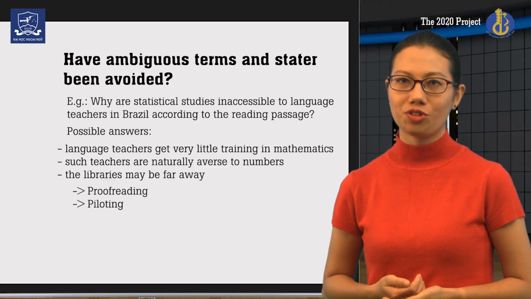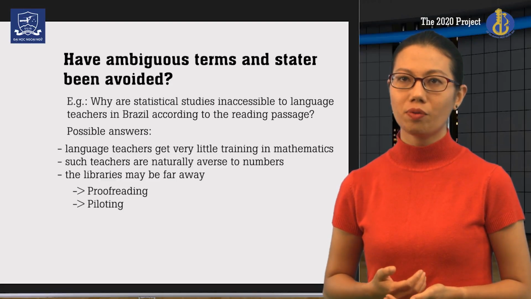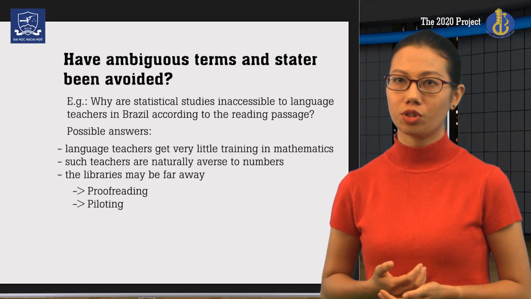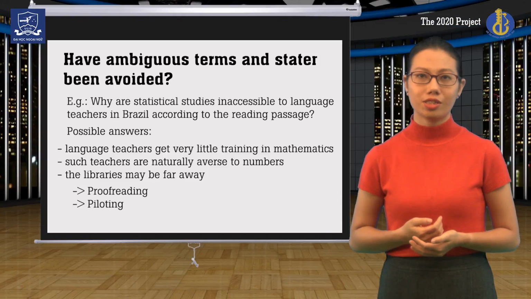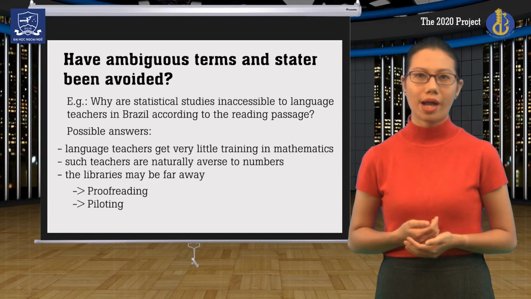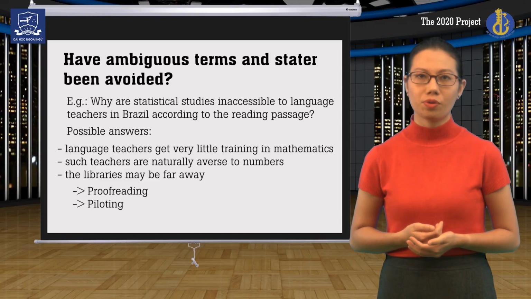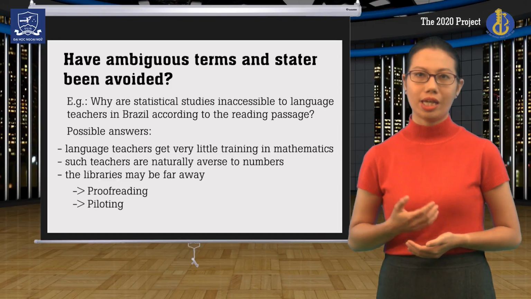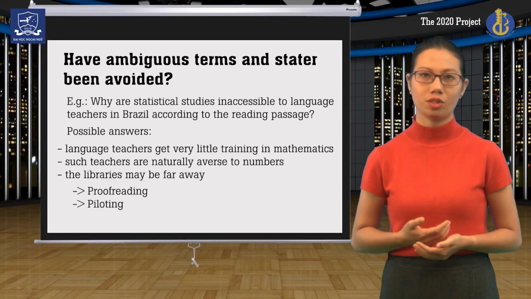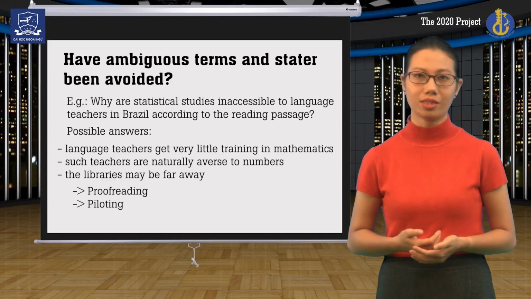If the correct answer was something like, language teachers get very little training in mathematics, and/or such teachers are naturally averse to numbers, students who answered that the libraries may be far away would be wrong because of the ambiguity of the word inaccessible, even if that is factually true and mentioned in the passage.